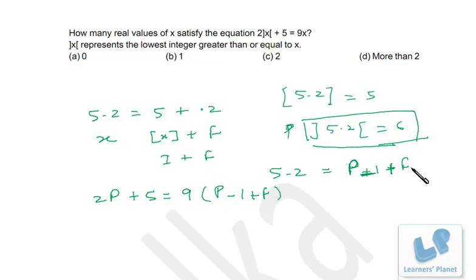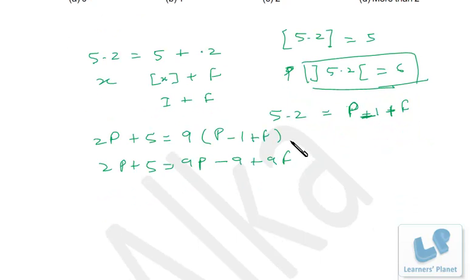P minus 1 plus f, that is x. 5.2 is x, that is this function, that is lowest integer function, minus 1 plus fractional part. Okay, so it is 2p plus 5 is equal to 9p minus 9 plus 9f, right? So this much you must be knowing, right?